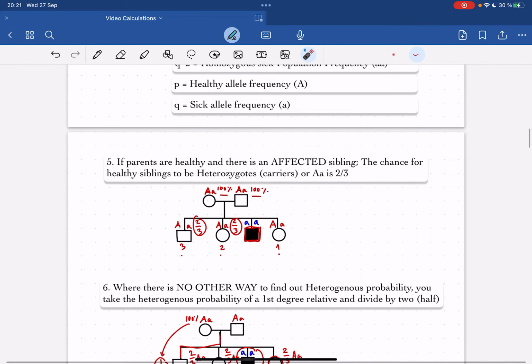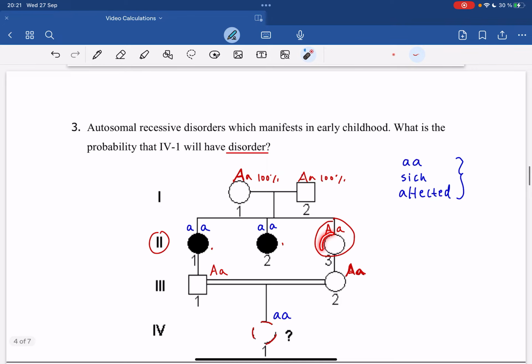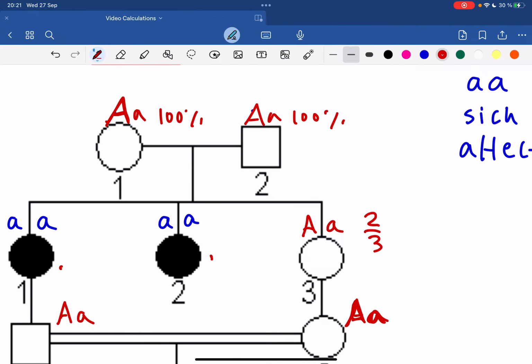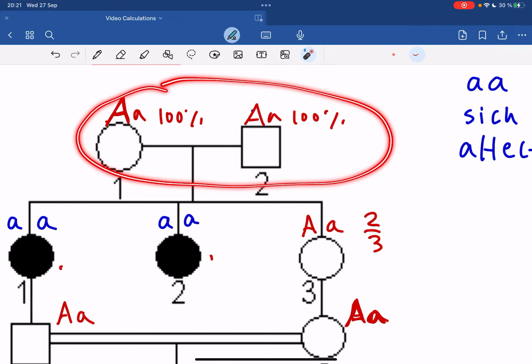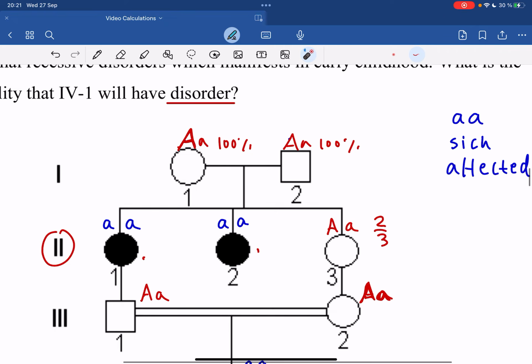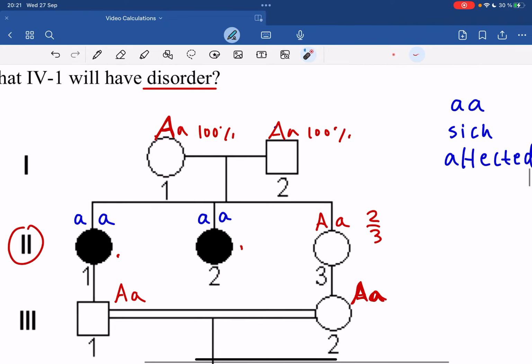So the chance for her to have a heterozygote phenotype will be 2 out of 3. Why? Because she has healthy parents and an affected sibling, or 2. Doesn't really have to be 1. It's enough to just have 1 though.